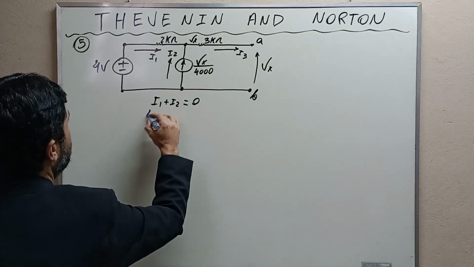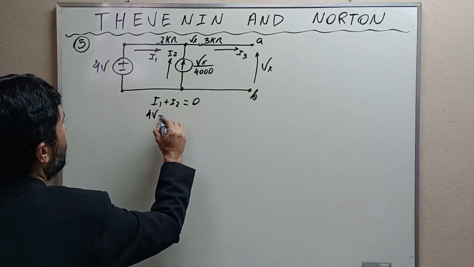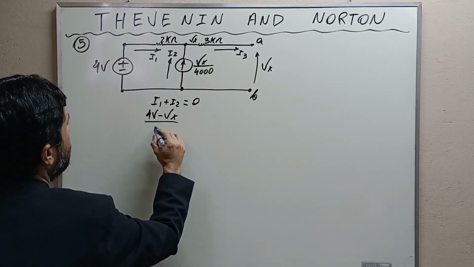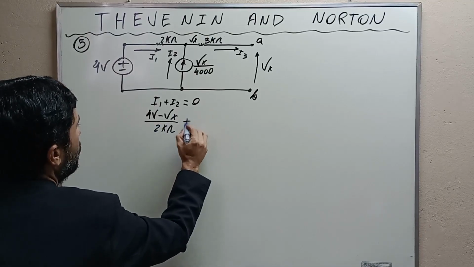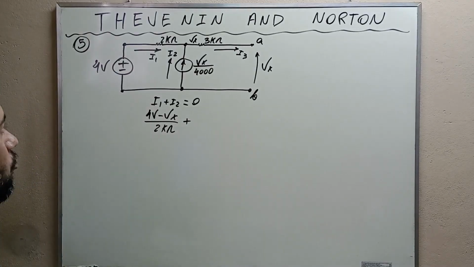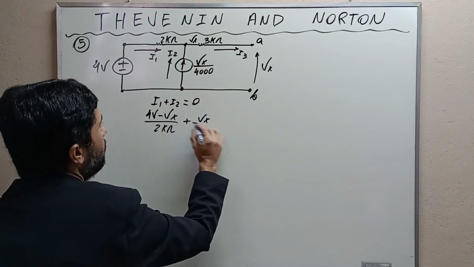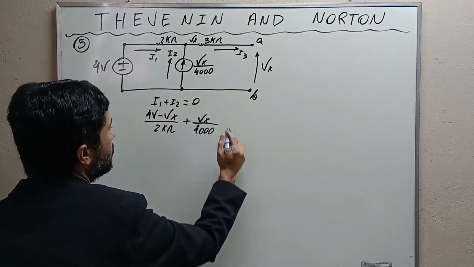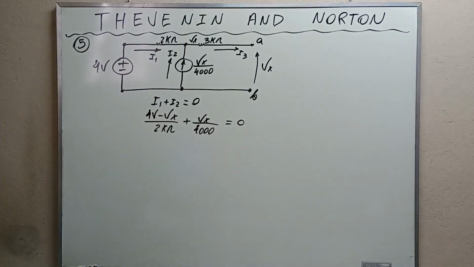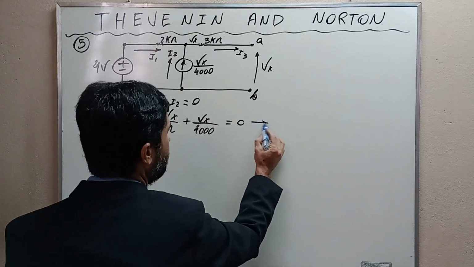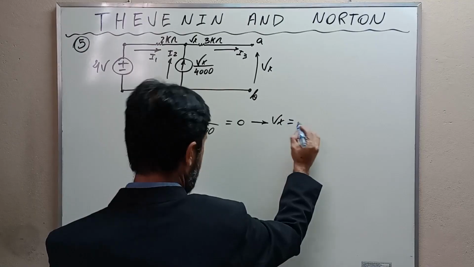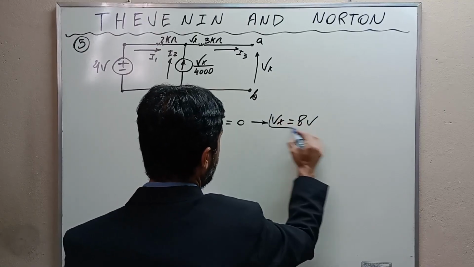It is 4 volts minus Vx divided by 2 kilo ohms plus, how can we write I2? I2 we already know, and it is Vx divided by 4,000, and this is equal to 0, okay? And this is simple mathematics. We have everything there, and if we calculate, we're gonna find that Vx is equal to 8 volts, okay?